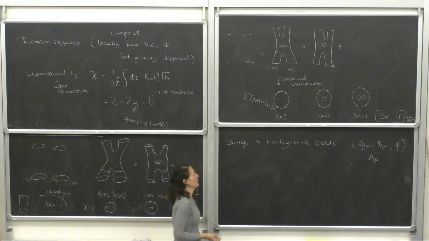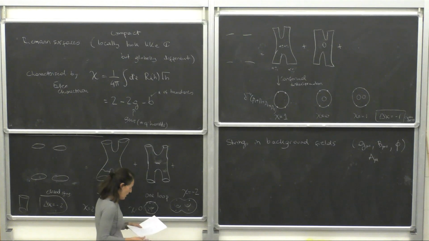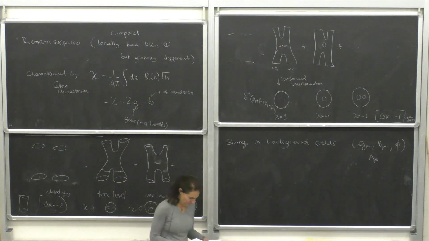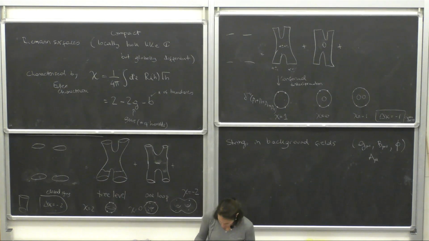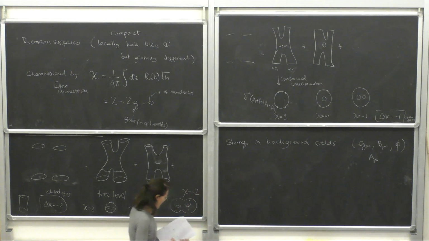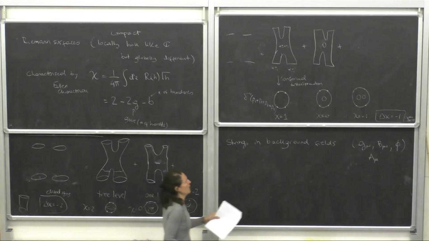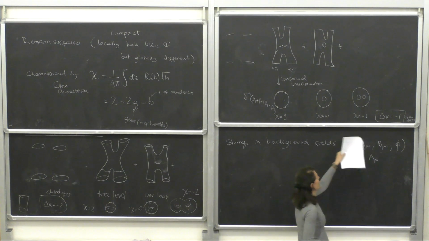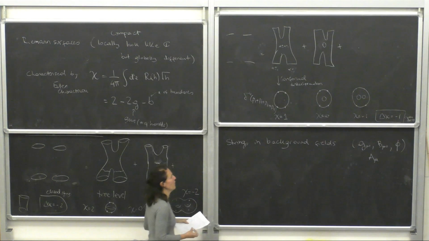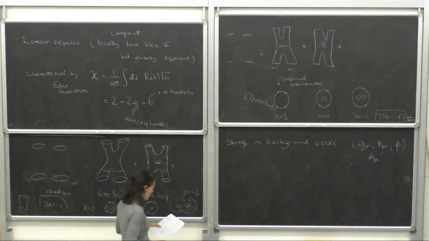And so I want to see what the action is. I want to see many things that you've been asking about. So let's first do the metric, which is what everybody asks about. What about strings in a background metric?